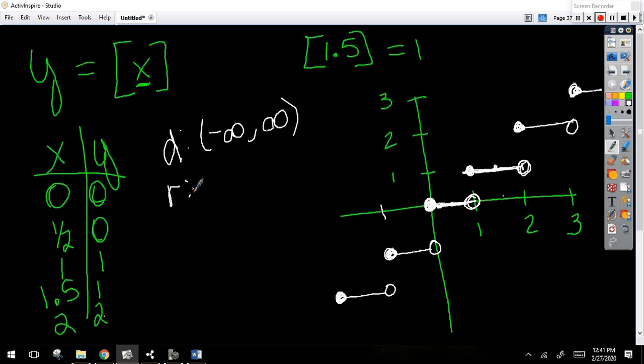What all can y be? If you say negative infinity to positive infinity, then you're including all of these in between numbers. So can y be a half? I can never spit out anything but whole numbers here. That's what the function is doing. So what is the range?